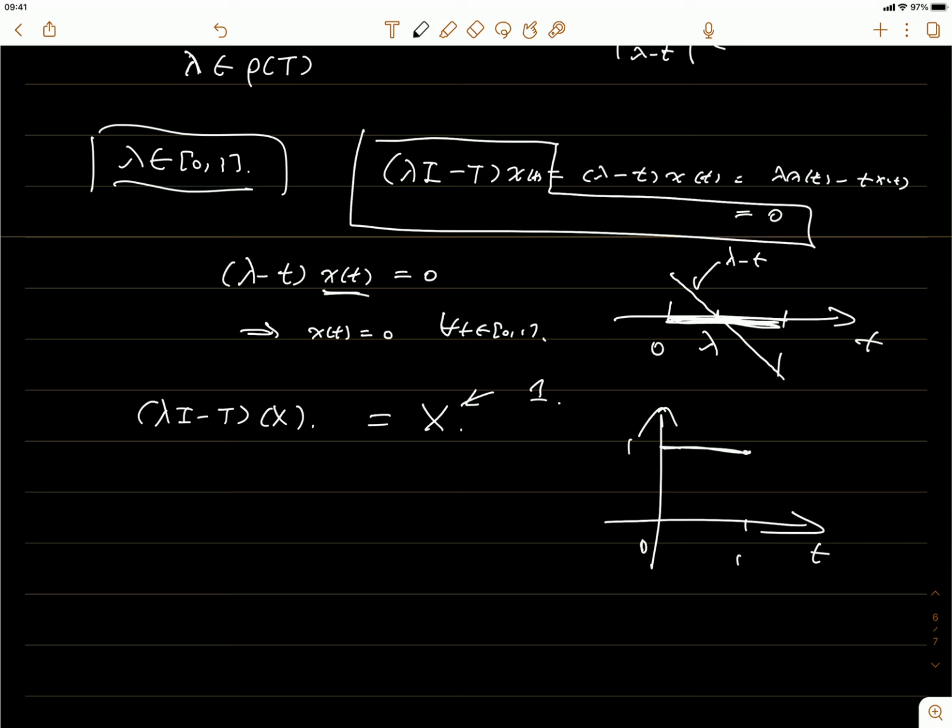Can we find some other function x(t), a continuous function, such that (λ − t) times x(t) is equal to 1 for any t? The answer is definitely no, because if t is λ, there is no way to get a 1 on the right, right?